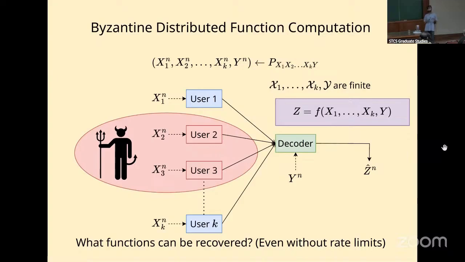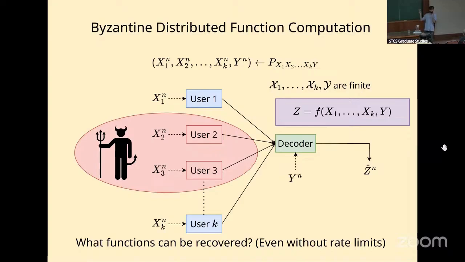Rate region just means that for a given function, what rates these parties would have to use. These parties are communicating in blocks, and if the block length is r, then the rate is n by r for that party. So the rate region is the set of all these.